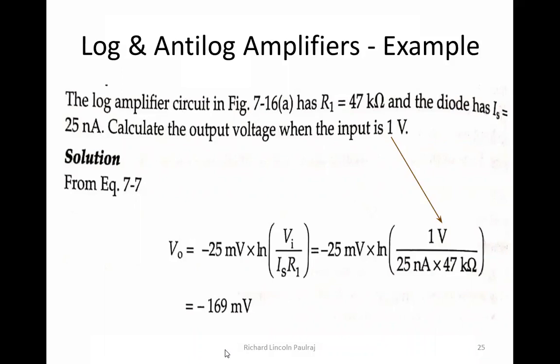So first, you can probably calculate the denominator, right? 25 nano into 47K you can do, and probably you can take an inverse of that, and calculate if we are getting a proper value. 25 nano into 47K.